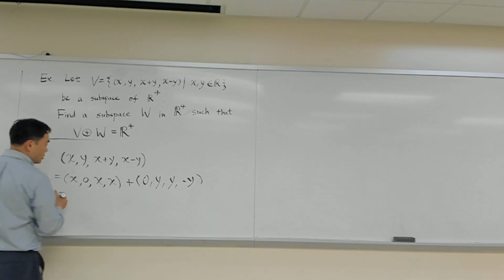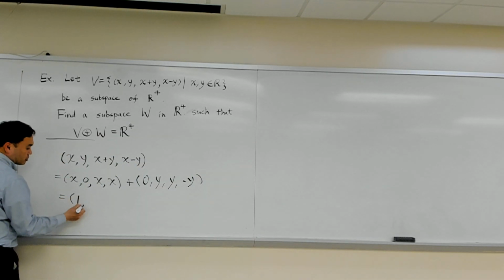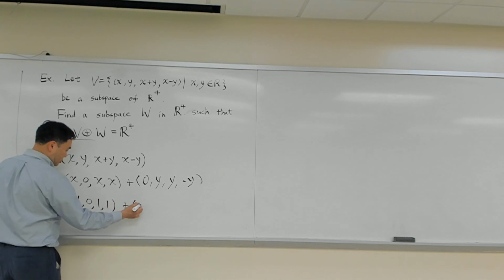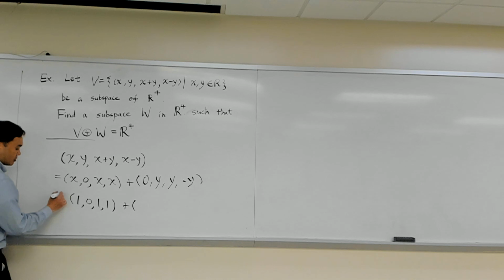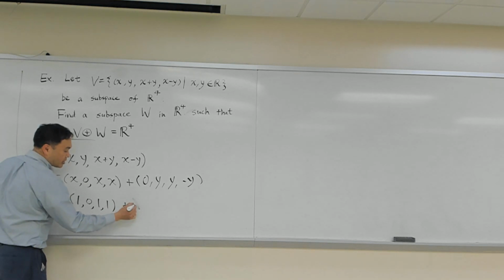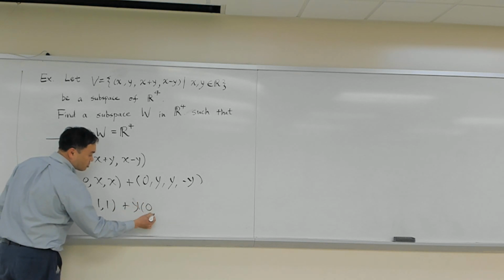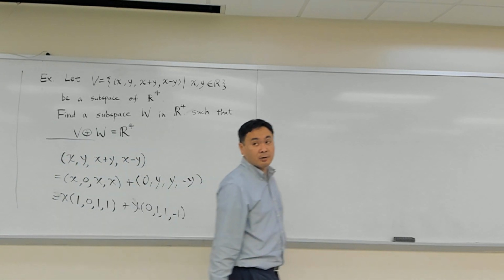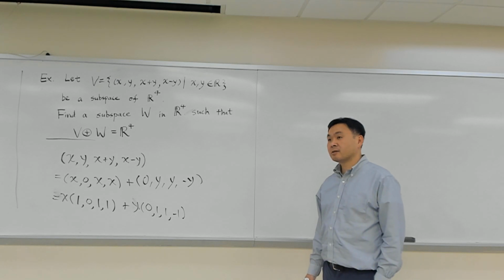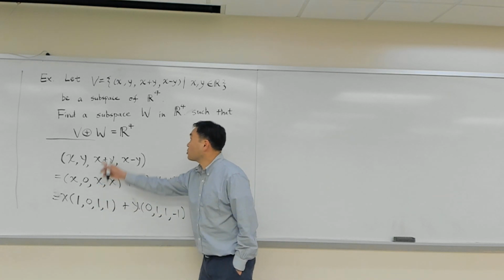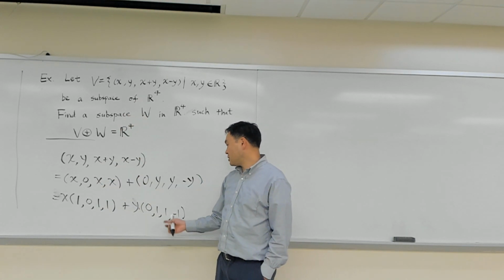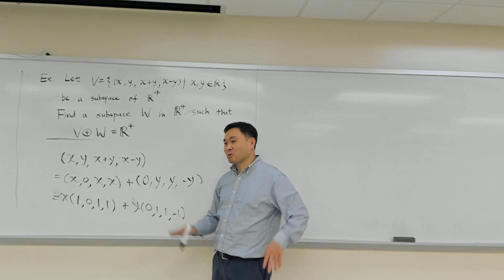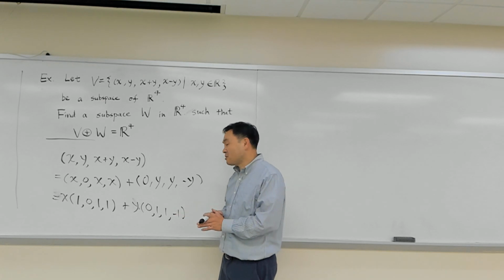So that's going to give you x times 1, 0, 1, 1, and then y times 0, 1, 1, negative 1, right? So these are the 2 vectors that are going to span V, and they're obviously linearly independent, so these are like the bases, although we're not allowed to say bases yet.